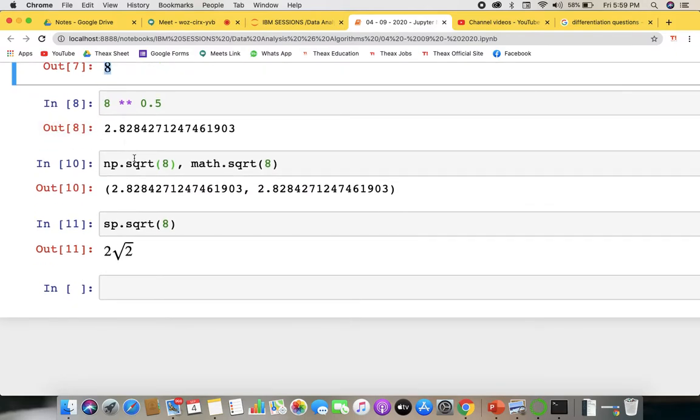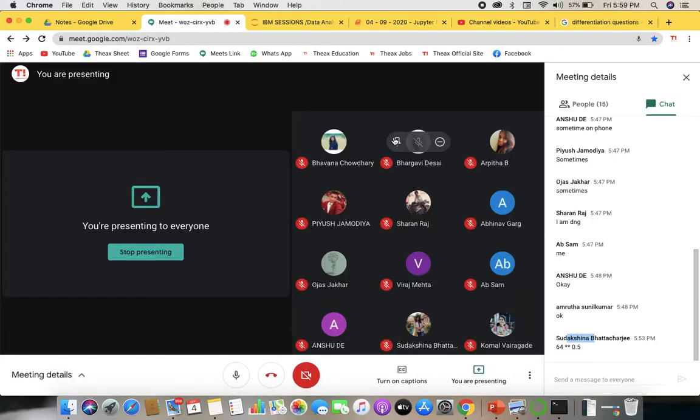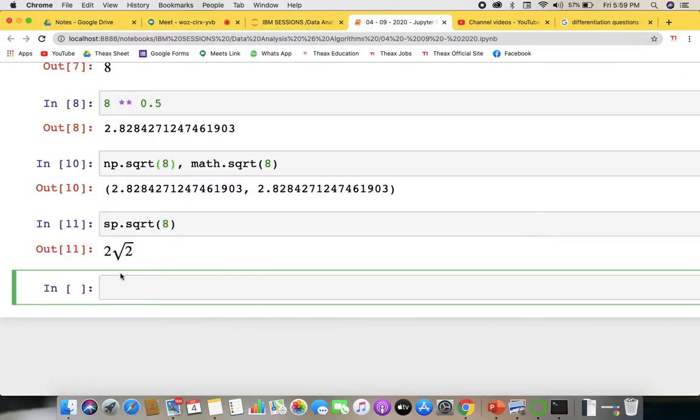Right. Now, what is the value of the cube root of 8? Answers. 2. Nice. So cube root of 8, how should I write cube root of 8? np dot crt. What should I write?